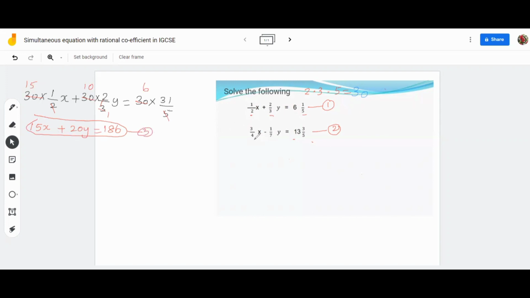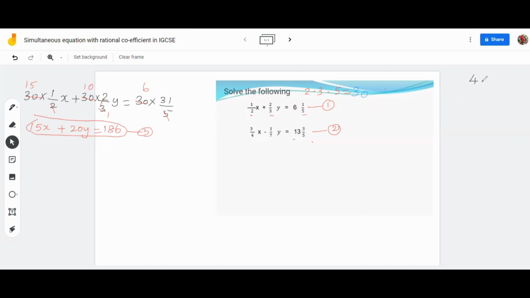And then here the denominator is 4, here 7, here 5. 7 and 5 are prime numbers, 4 is not a prime number. Even if you have two prime numbers and one more composite number, you have to multiply together. Even if you find the LCM, you will get the same.